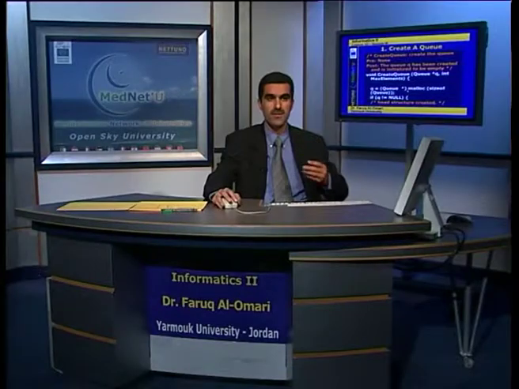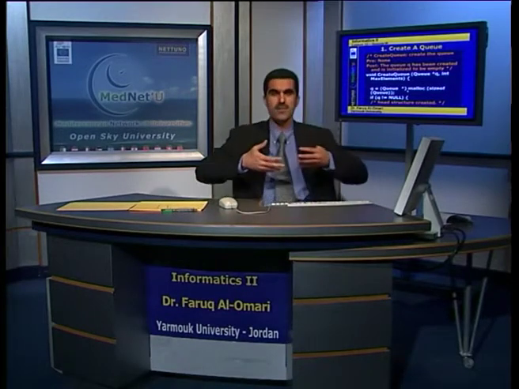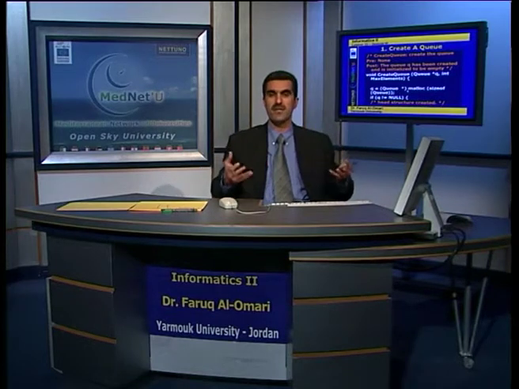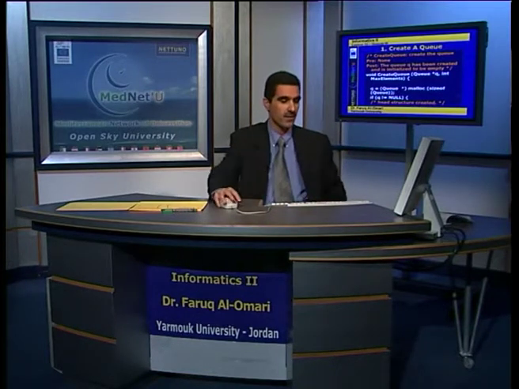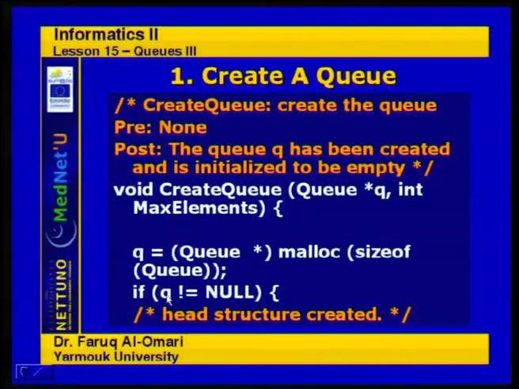If it's not successful, that means the operating system could not find enough space in the memory to do that, then it's going to return null. So I need to check to see if this operation was successful or not. So what I'm saying in here, if q does not equal null, that means the head of this structure has been created successfully.